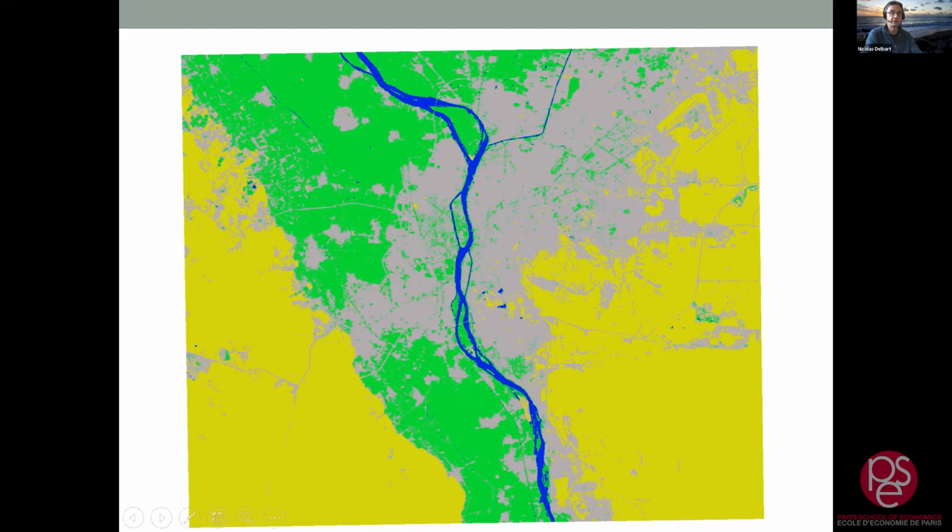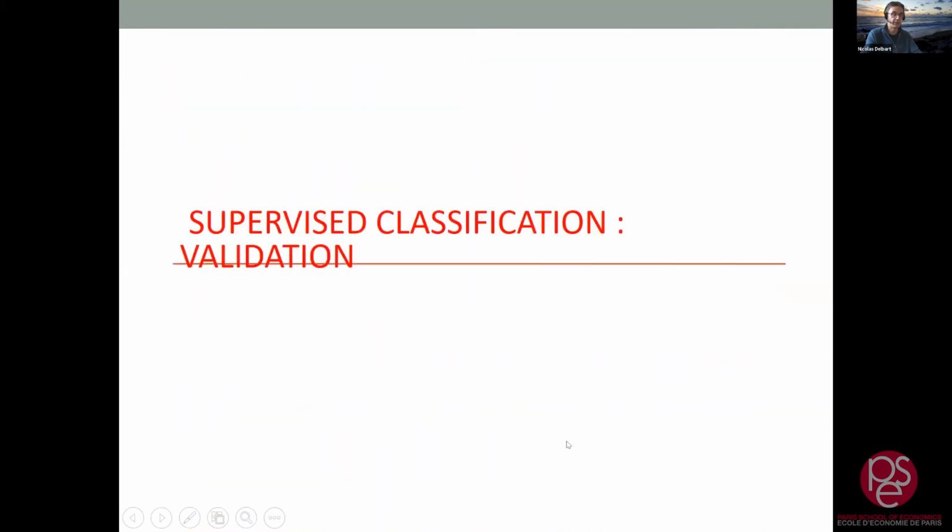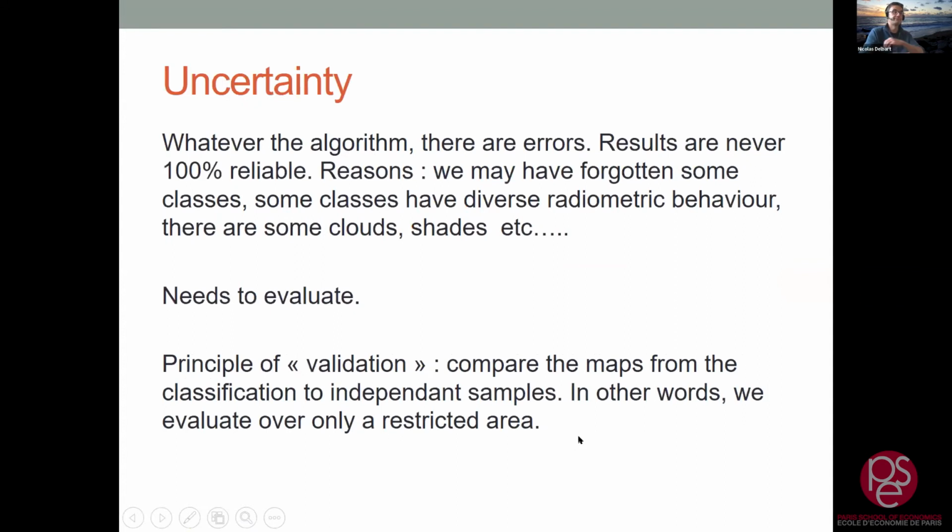So we want to quantify to what extent this map is correct or incorrect. And this is the purpose of validation, because there are uncertainties, and whatever the algorithm, there are some errors.